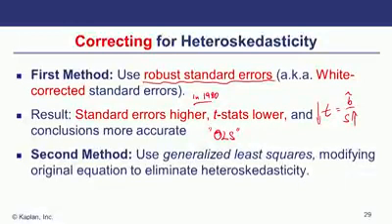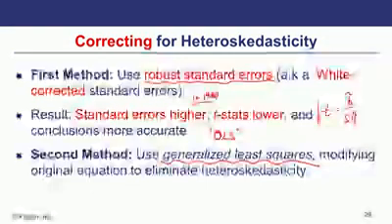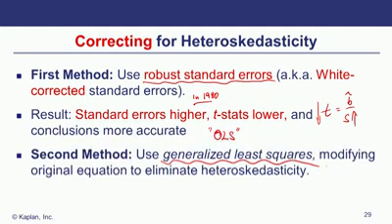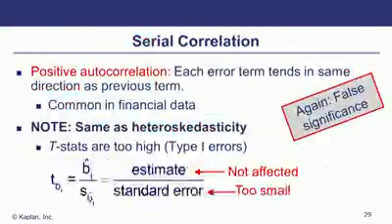Basically, we're not going to use exactly that model. We're going to use a slightly different model called generalized least squares, which modifies the original equation in order to tackle the heteroskedastic error term. Okay, done and dusted as far as the first violation is concerned.